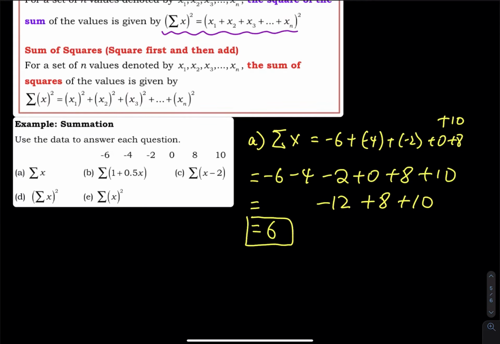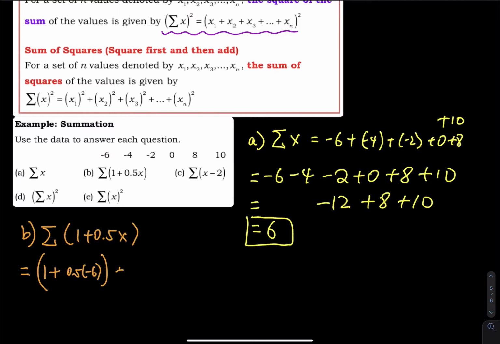So -12 plus 10 is -2, -2 plus 8 is 6. And then in part B, let's use a different color for each part. Part B, you have the sum of 1 plus 0.5x. So this equals, the first x is -6, so 1 plus 0.5 times -6. This is one quantity.